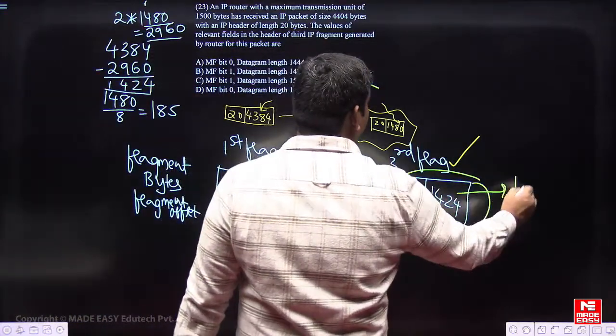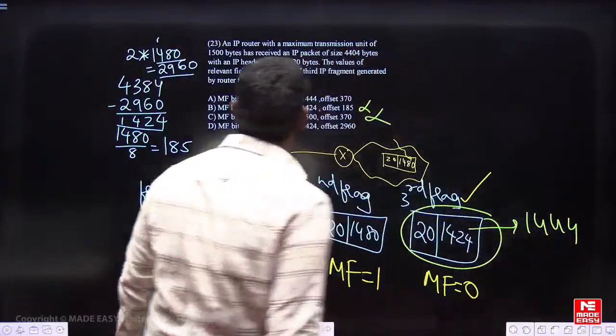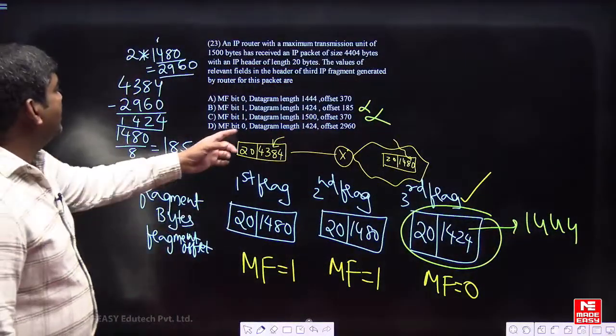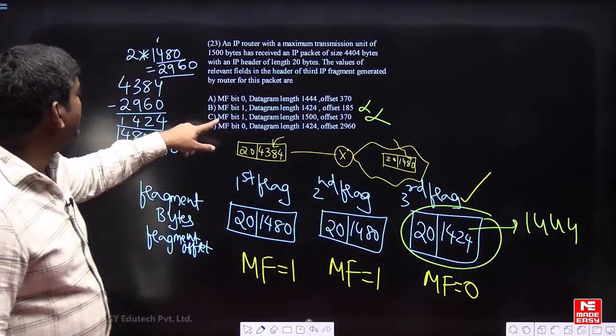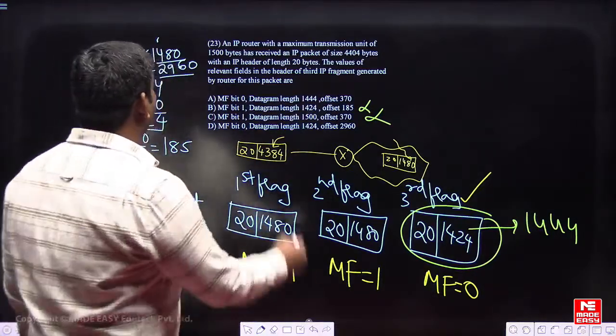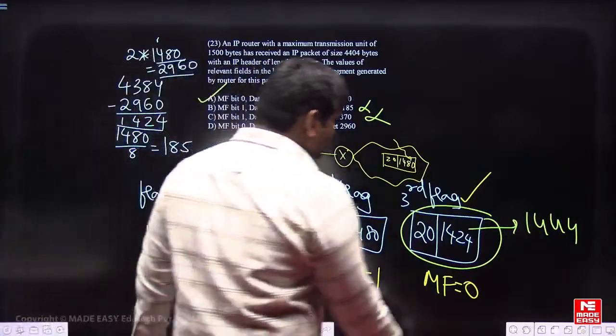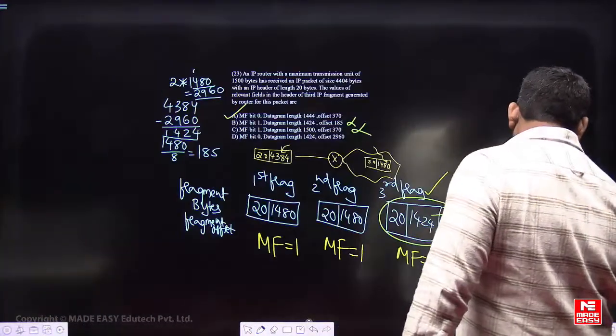Now what is the datagram length for the third fragment? You can see this value is 1444. So you can also eliminate D, but anyway we will go for option A, because you see 1444. How do you get the offset? Offset is very simple.